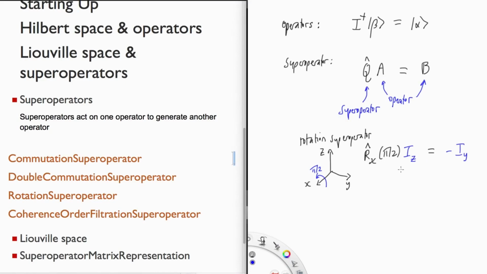The thing which does the converting is a superoperator. Mathematically, we apply a rotation superoperator and rotate the angular momentum from z to y, or minus y in this case. When we apply pulse sequences in NMR, mathematically we can express that simply as a sequence of superoperators. A rotation superoperator rotates the angular momentum around a particular axis.